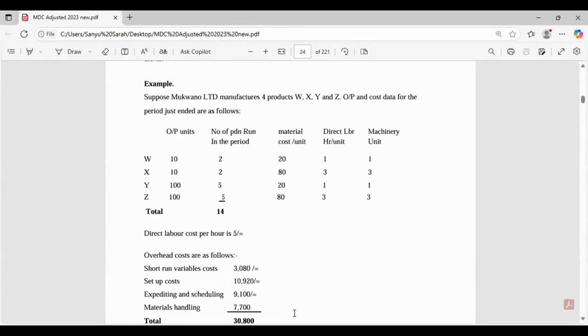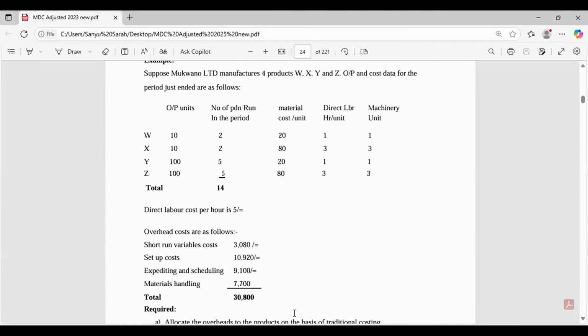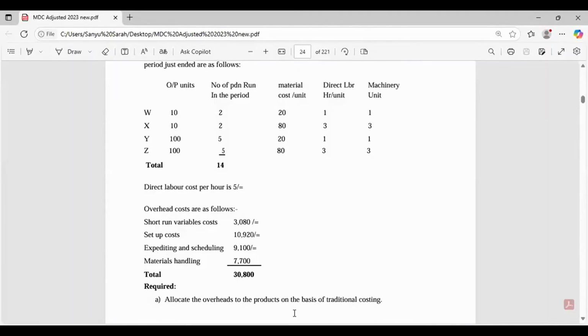So we are going to do this number using ABC and also traditional. But note that these two systems don't give the same answers. Why? Because their methodology is different. So we are going to start with the traditional costing system.